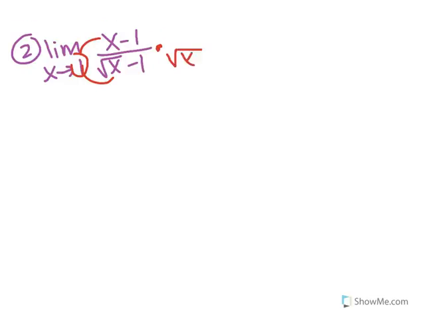So I'm going to multiply by the square root of x, and since this is a minus, I'm going to have plus 1 on the top and bottom. So I get the square root of x plus 1, top and bottom. Same thing. Now you're going to distribute it out. You're going to FOIL.